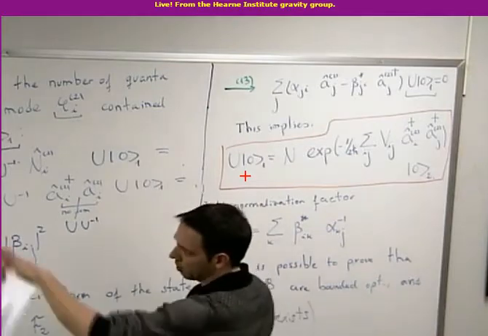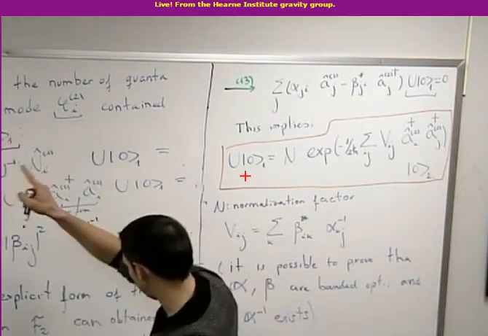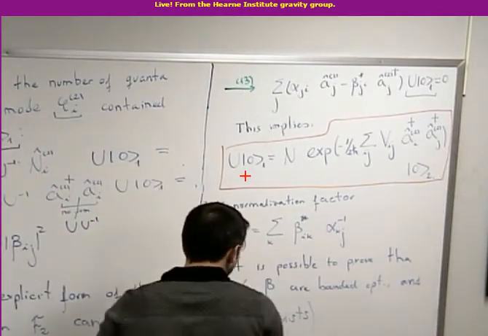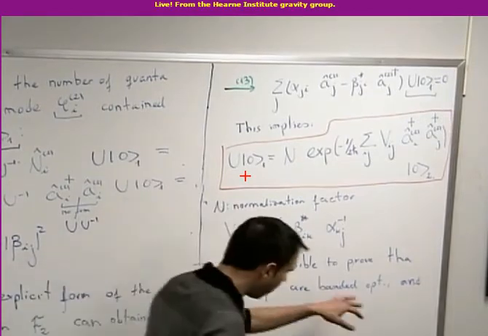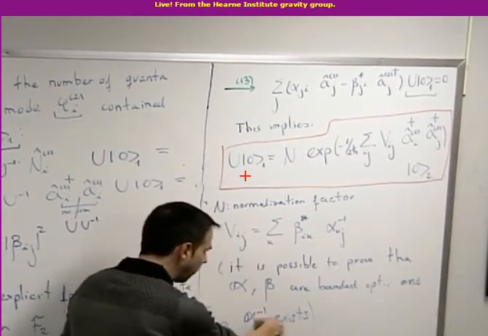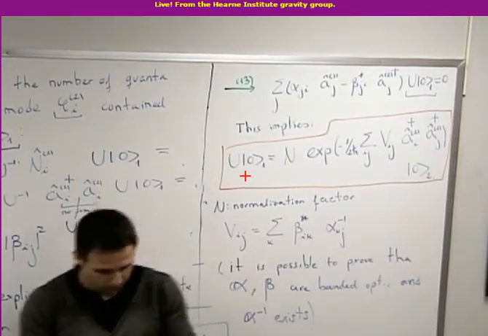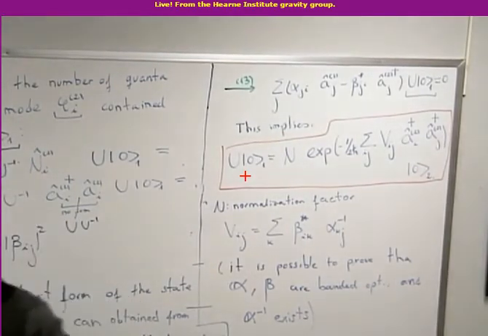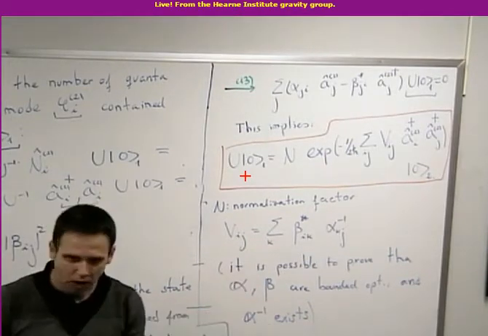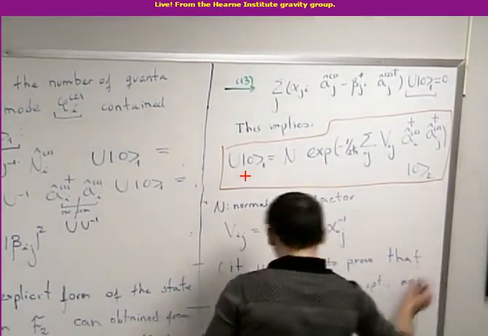Just using the properties of alpha and beta, one can prove that these are bounded and that the inverse exists, because it is not trivial that it exists in general. I'm not going to prove that because it's just some detail, but you can look in the literature.